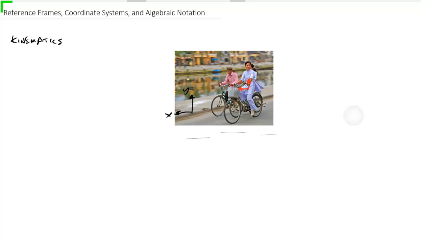And relative to her, this guy over here would have zero velocity as well, because as she's biking along and she looks over, he would always be there. So the velocity of him within that coordinate system would be zero because he is moving along also with the coordinate system. So where we place our coordinate system is very important.